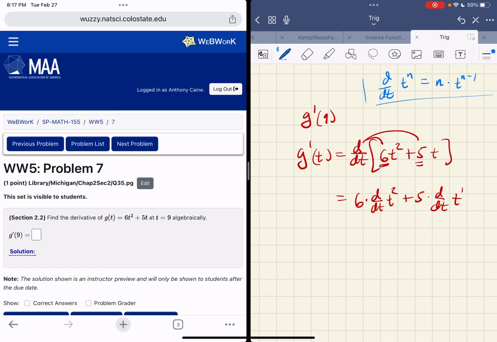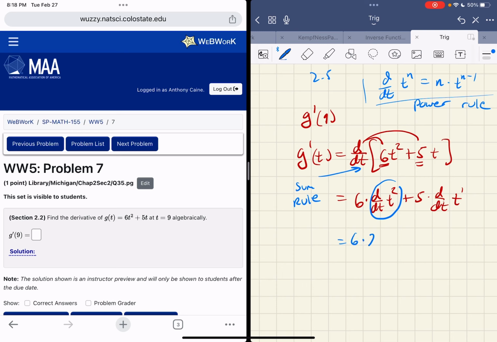This is on your midterm 2 formula sheets, section 2.5. Anyway, so this is called the power rule. This is sometimes called the sum rule, the fact that you can distribute the derivative over sums. But whatever. Okay, so hey, right here we have something that looks like this, where n is 2.